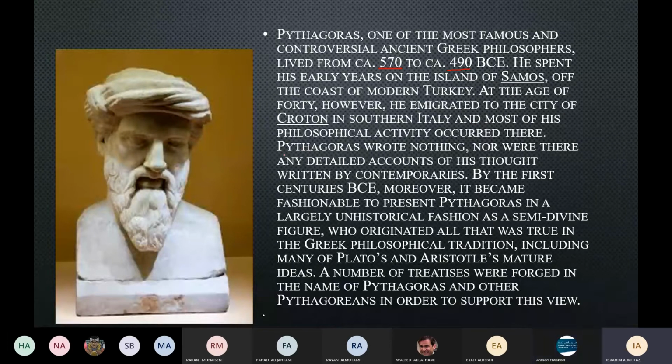Pythagoras wrote nothing, nor were there any detailed accounts of his thought written by contemporaries.